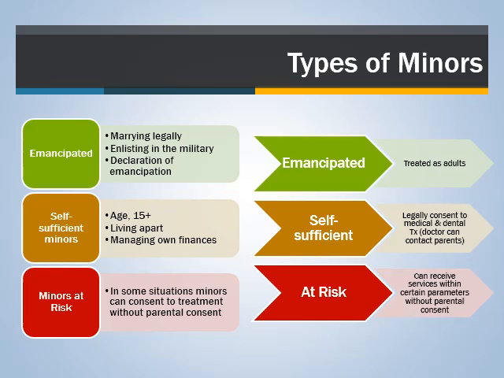We've probably gone over this a little bit already, and we'll go over it more when we look at different pieces of the pie in law and ethics. Emancipated means they've either gotten married, enlisted in the military, or have a declaration from the court that they're emancipated.